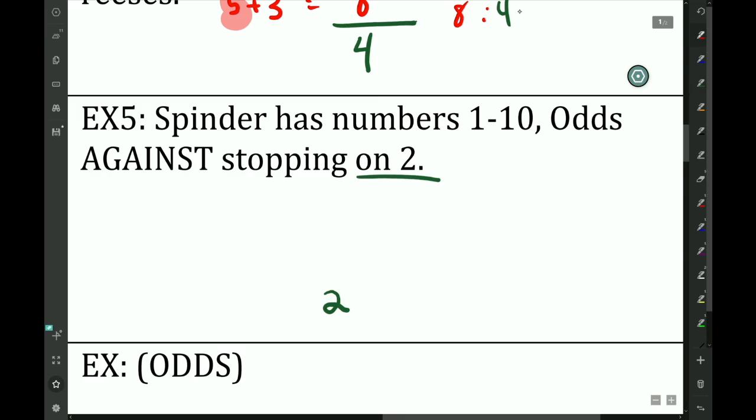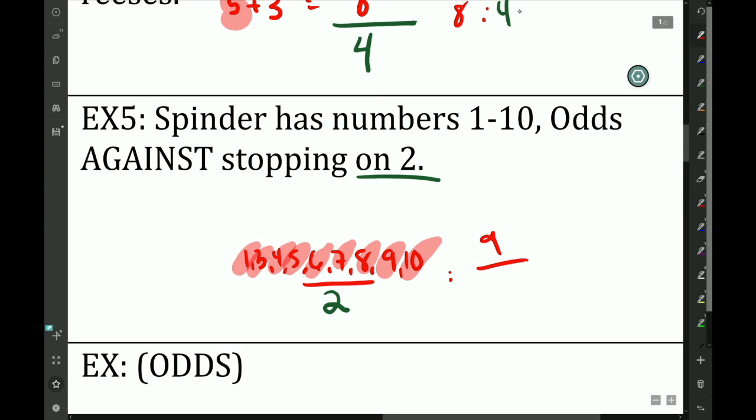Odds against, there are 9 other numbers, so 1, 3, 4, 5, 6, 7, 8, 9, 10. So again, that means there's 9 to 1 is how you would say it.